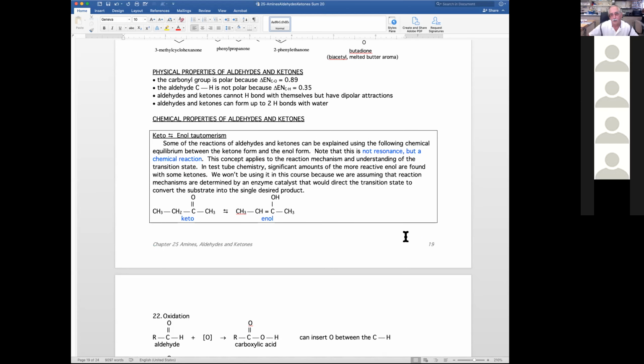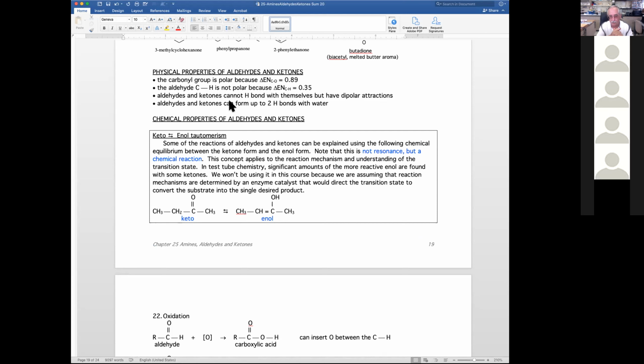So some physical properties of aldehydes and ketones. The carbonyl group is polar. The aldehyde carbon-hydrogen is not. Aldehydes and ketones cannot hydrogen bond with themselves, but they have dipolar attractions. If you were to compare an aldehyde or a ketone to an alcohol, alcohols can hydrogen bond to themselves.